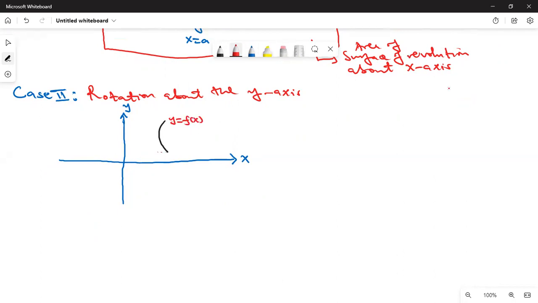So we want to rotate it between y equals, can we use c and d? We could use c to this other point, y equals d. So I'm going to extend so that I get the corresponding image of that curve.